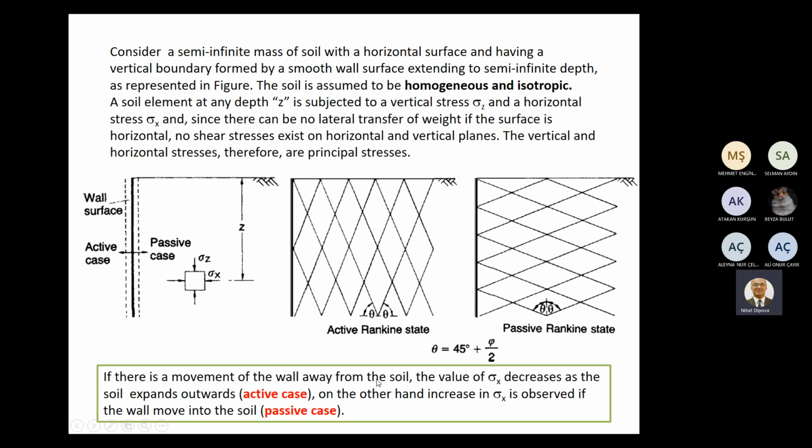Let us consider a semi-infinite mass of soil with a horizontal surface and having a vertical boundary formed by a smooth wall. And this soil behind the wall is assumed to be homogeneous and isotropic.